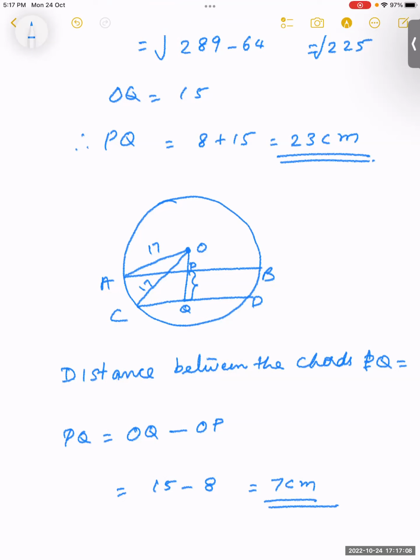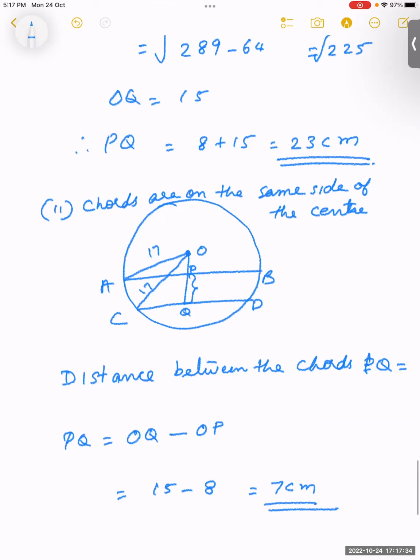Chords are on the same side of the center. So we don't need to calculate all of that again, because it's going to be the same thing, right? What is OC? That CQ will be what? 17 square plus CQ square.